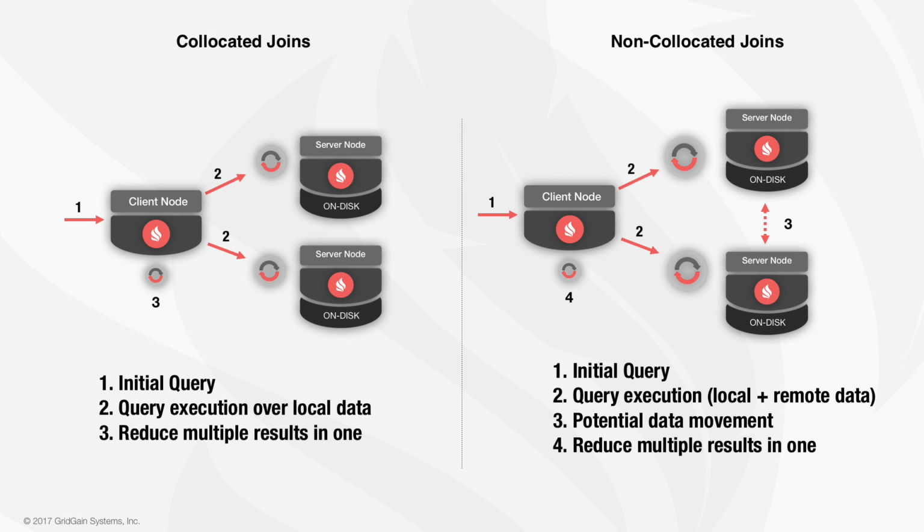Because usually in my personal experience, people are able to collocate all the data in such a way that 90% of queries can rely on collocated joins. And then for 10 or 5% of queries, you can use non-collocated joins. So that's what we do. And now let's take a look at how we can query the data.